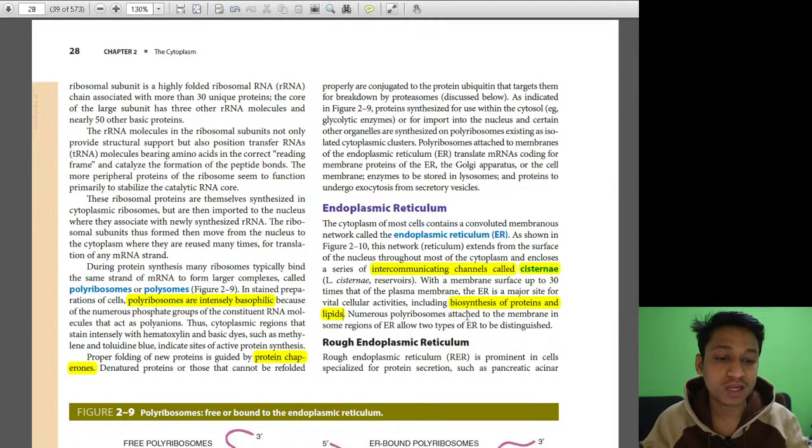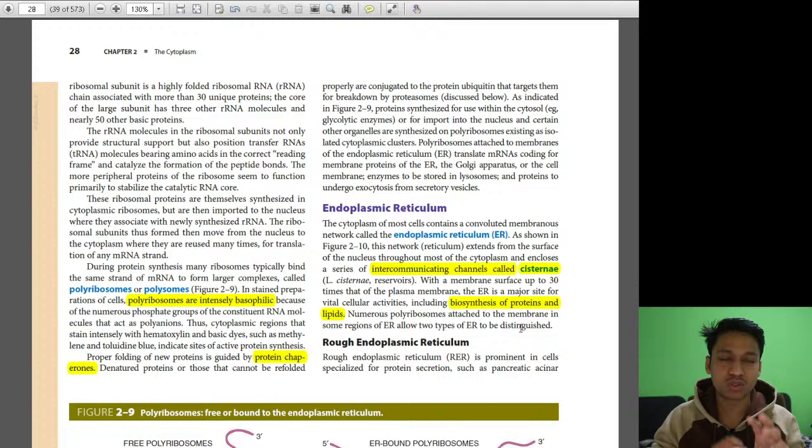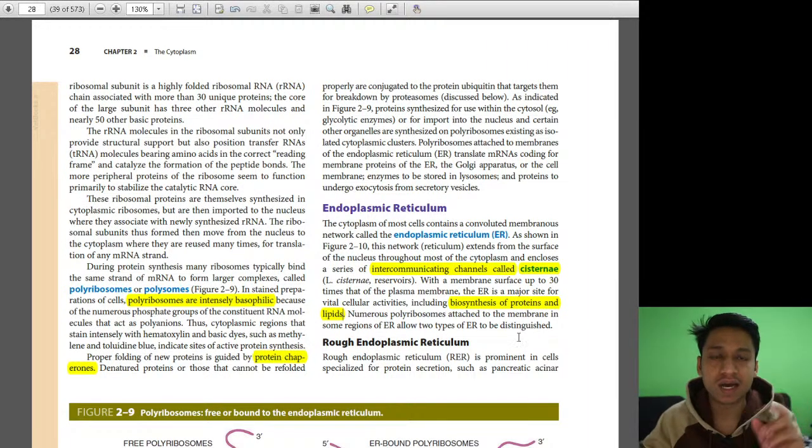Numerous polyribosomes attached to the membrane in some regions of the ER also allow two types of ER to be distinguished. So the presence of polyribosomes makes the surface rough. That's why it's called rough endoplasmic reticulum. And where we don't have polyribosomes, that endoplasmic reticulum is called the smooth endoplasmic reticulum. We'll refer to it as RER. Rough endoplasmic reticulum, RER, is prominent in cells specialized for protein secretion.